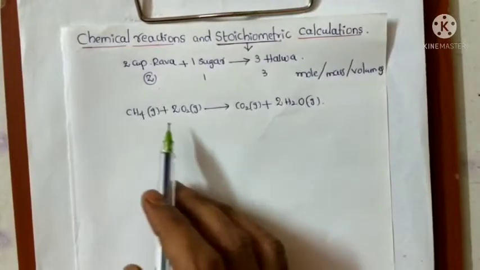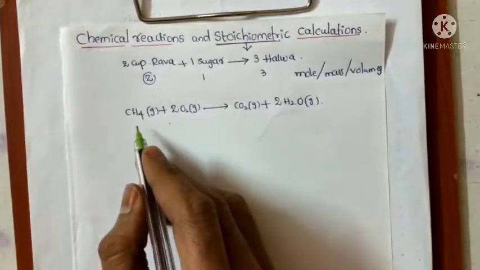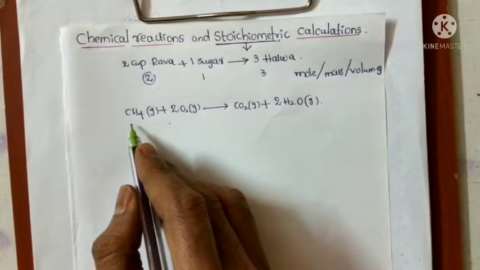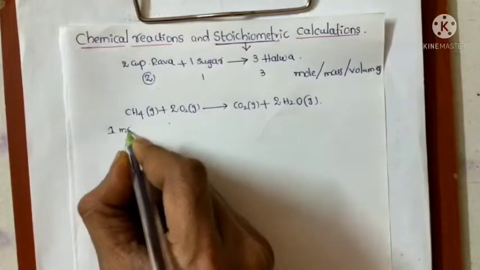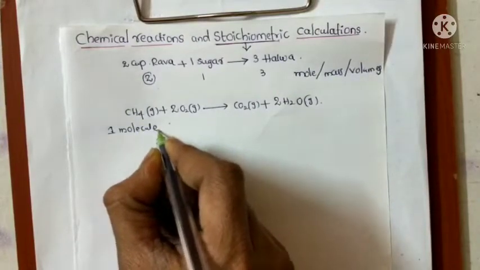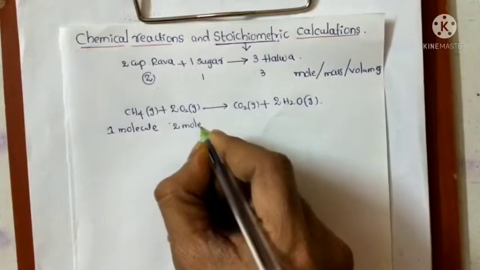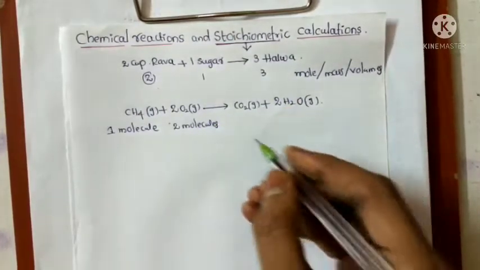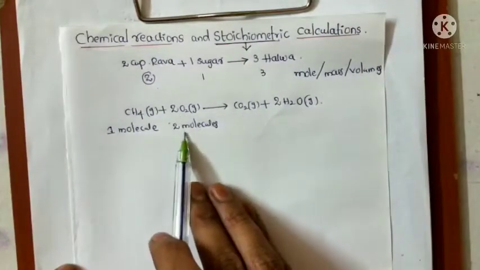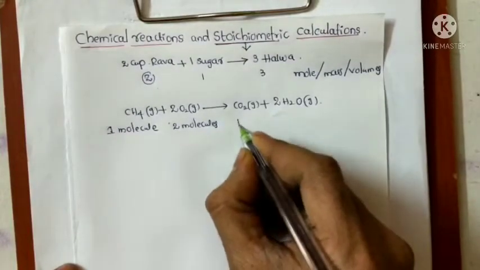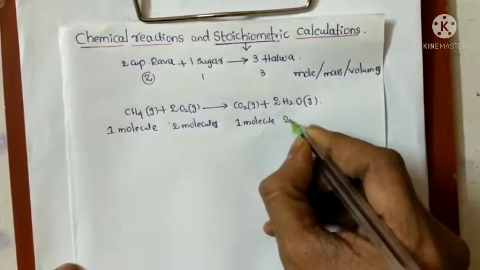So how can it explain the balanced chemical reaction? For example, whenever the reaction is expressed in terms of molecules, we can say that one methane molecule reacts with 2 oxygen molecules to give 1 carbon dioxide molecule and 2 water molecules.